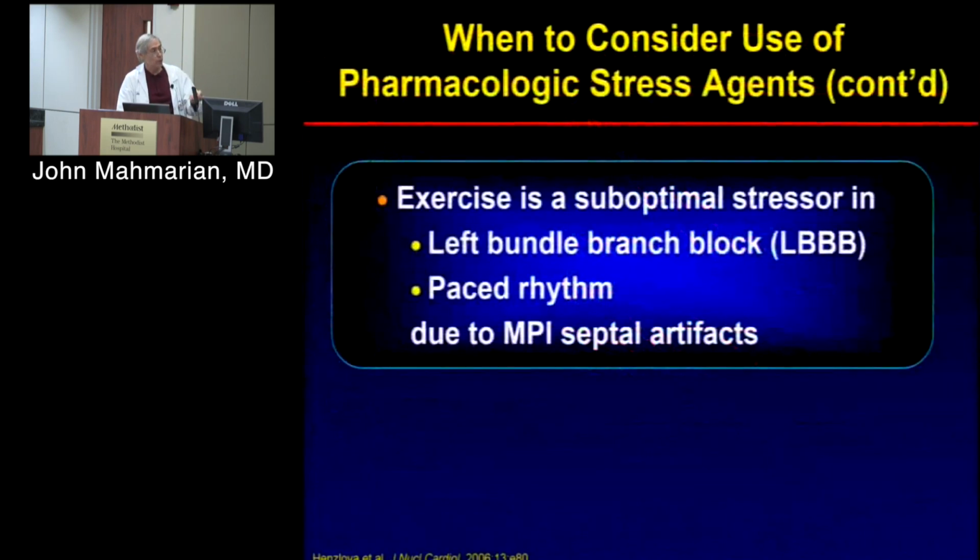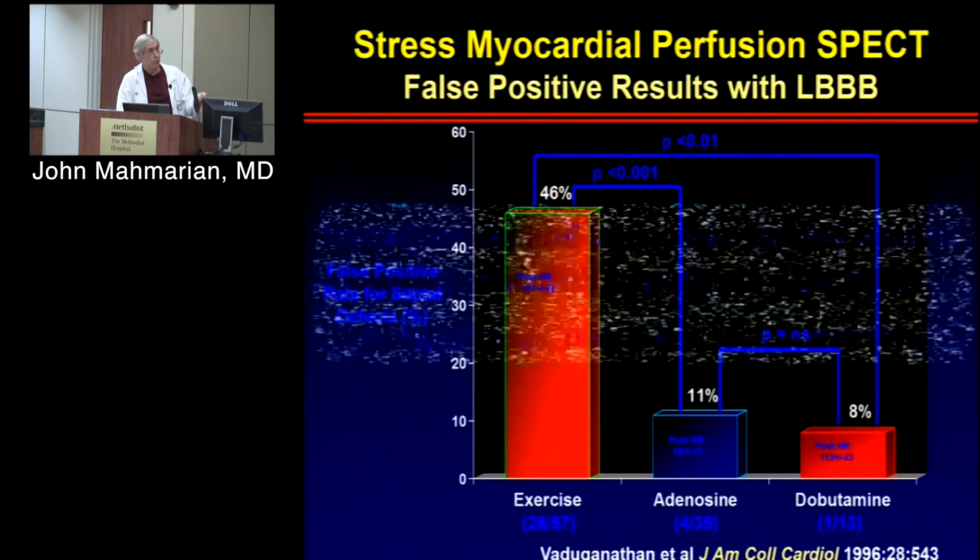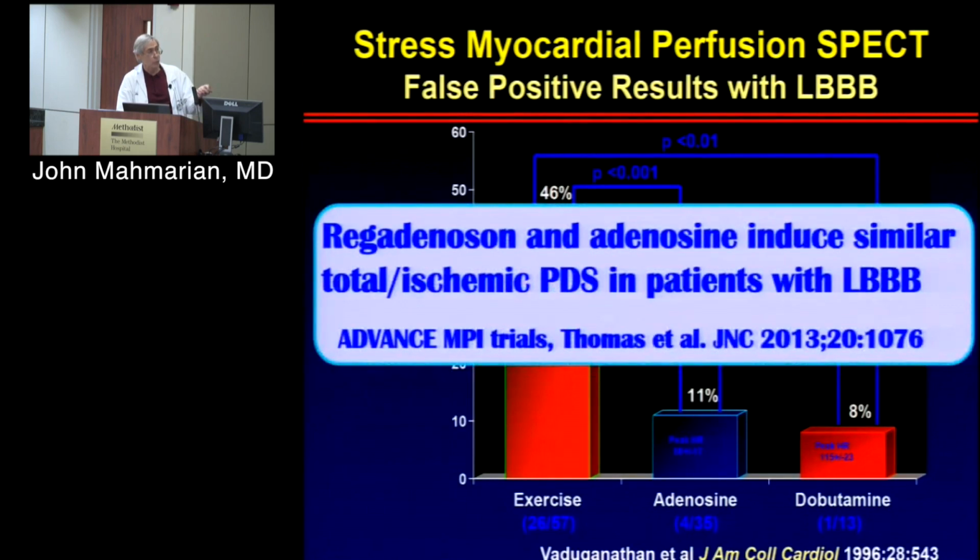Okay? The other issues are in patients that have left bundle or paced rhythms, you can get septal abnormalities. And that's particularly true with exercise. As you can see in a study that we published many years ago, very little in the way of septal defects due to adenosine, regadenoson, or dobutamine. So just things to keep in mind.